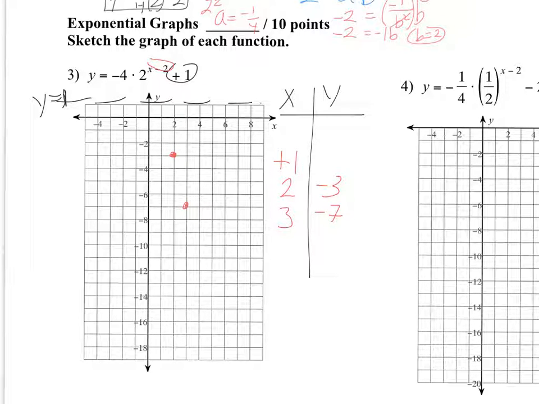Negative 4 times a half is going to be negative 2. So negative 2 plus 1 is going to be negative 1. All right, that's here. If I plug in 0, we get negative 4 times a fourth, which is negative 1, plus 1 is 0. That's cool, 0, 0. So I plugged in a bunch of points, and I draw my graph looking something like this.